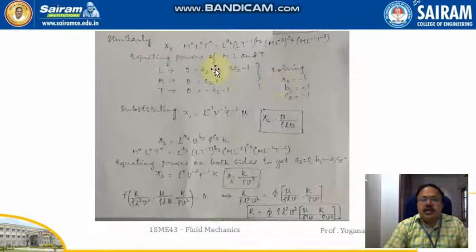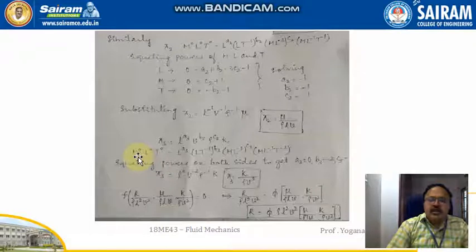So I get my pi 1 equation. Similarly, I write my pi 2 equation, solve for my powers A2, B2, C2, and substitute them in the pi 2 term. So I get my pi 2 here. Then the pi 3 term is taken here. The powers of the fundamental dimensions are written on the left side, with power 0.